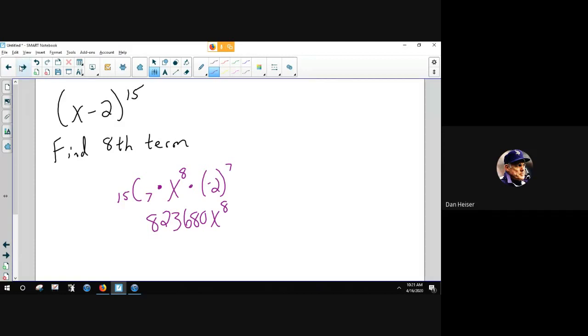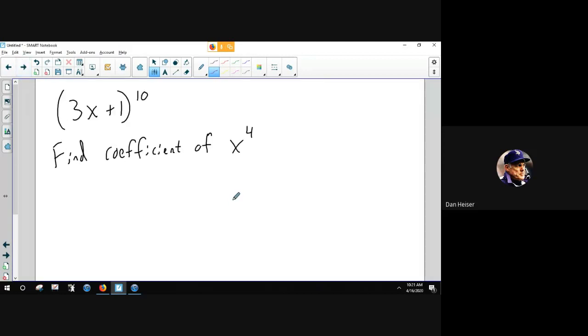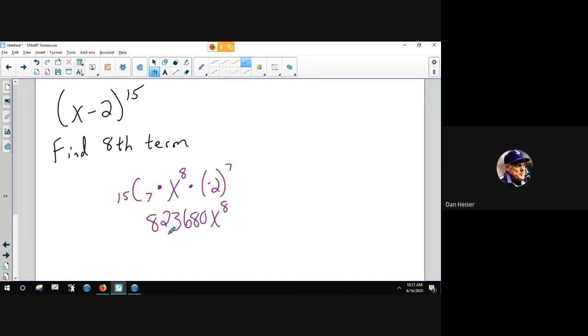One more example. This says find the coefficient of x to the 4th. And if you do not recall what coefficient means, it's the number in front of the variable. 3 is a coefficient. 823,680 is a coefficient.